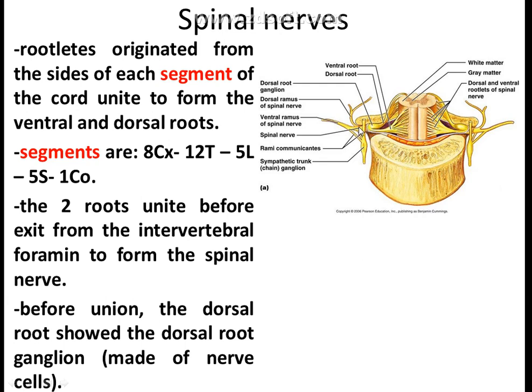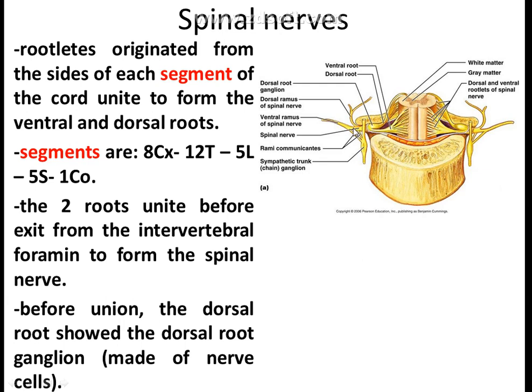When the spinal nerve exits out of the intervertebral foramina, it is by that time a mixed nerve because it contains fibers from the ventral root, which is motor, and fibers from the dorsal root, which is sensory. So the spinal nerve is a mixed motor and sensory nerve.